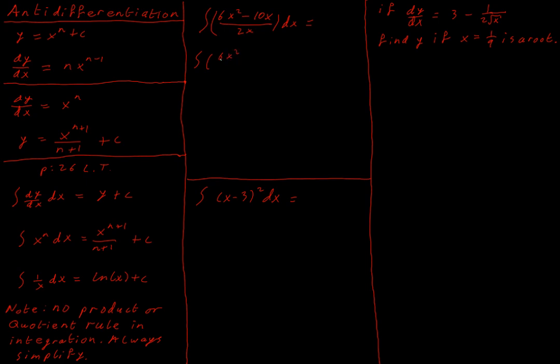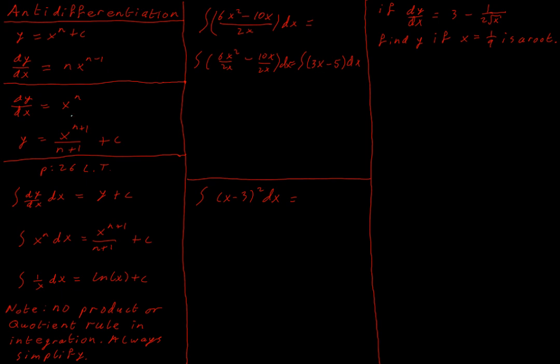I'd have 6x squared all over 2x minus 10x all over 2x dx even, and I can divide that in now, and I get the integral of 3x minus 5 dx.